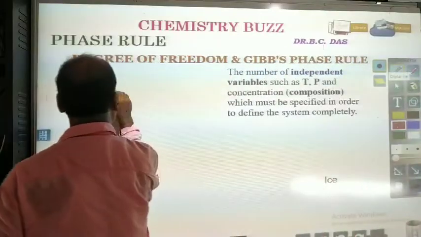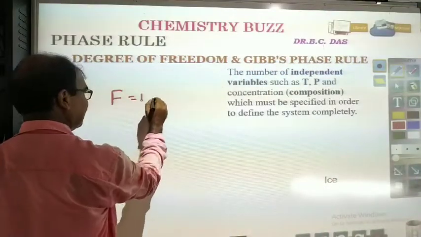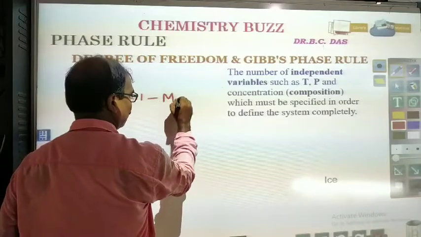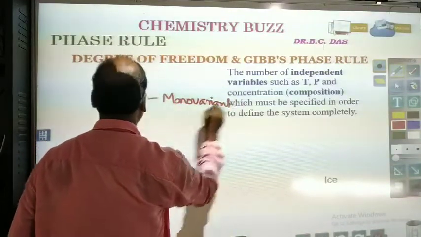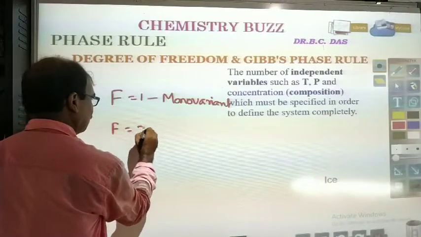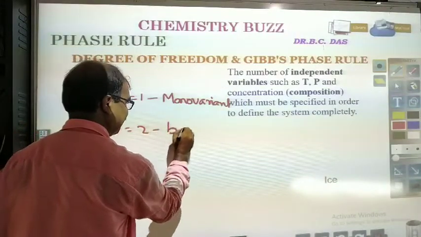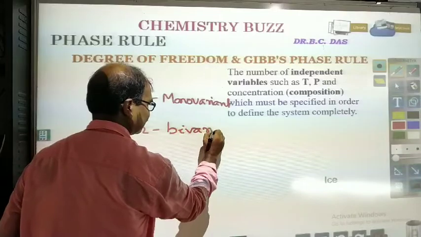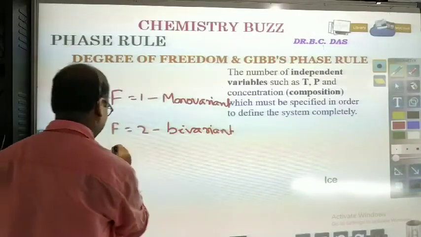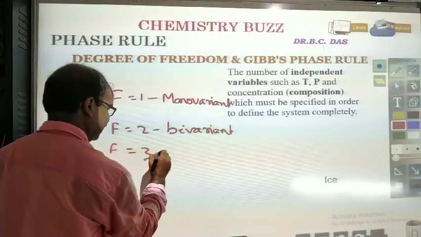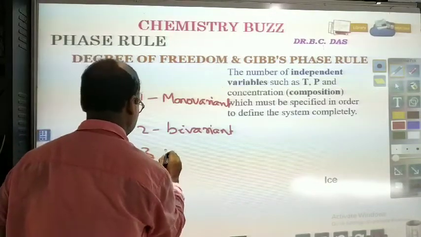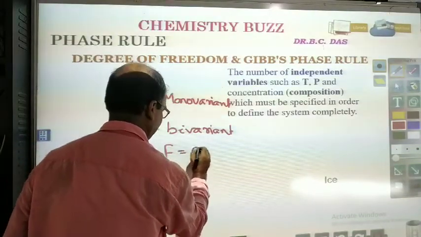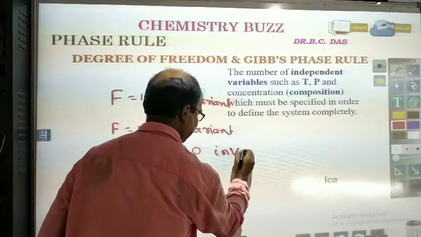When the degree of freedom F is equal to 1, it is called monovariant. F is equal to 2, it is bivariant. F is equal to 0, it is invariant.